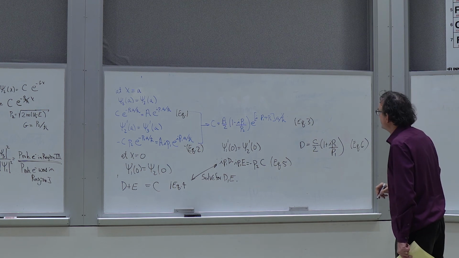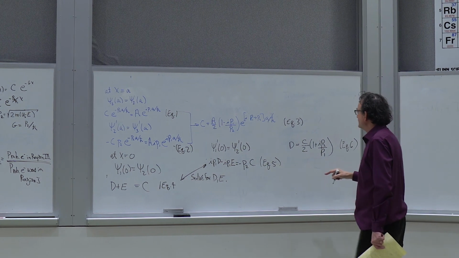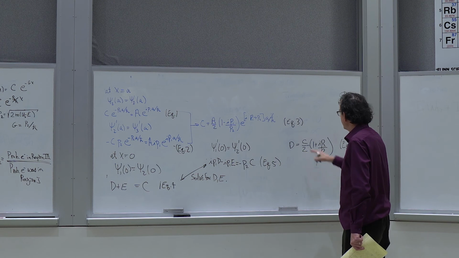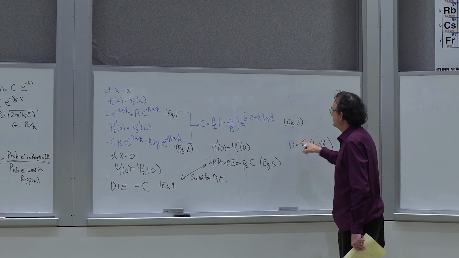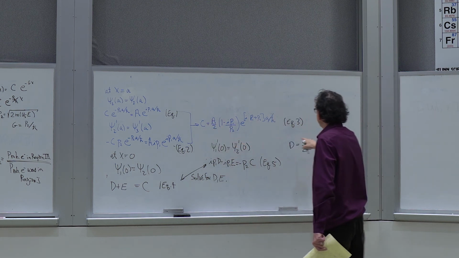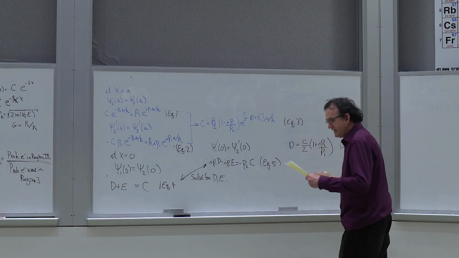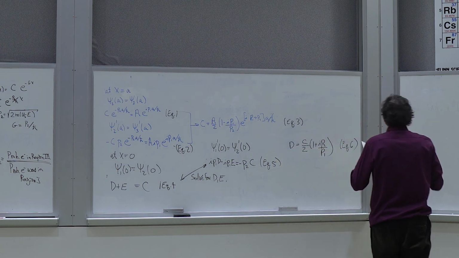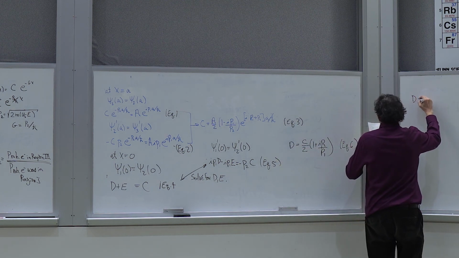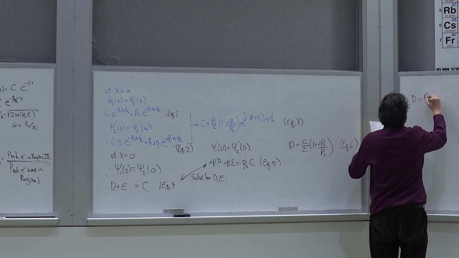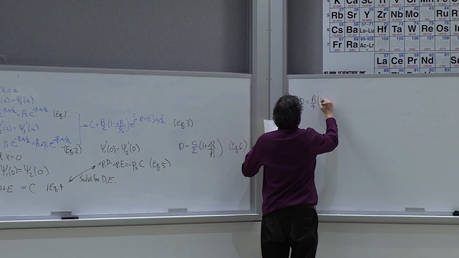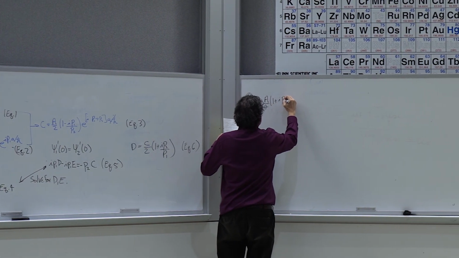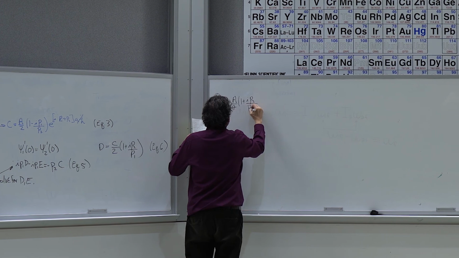Now, all I need to do is take this value of C and put it in over here. Then I have D as a function of A. And you get that D is equal to A over 4 times 1 plus IP2 divided by P1.